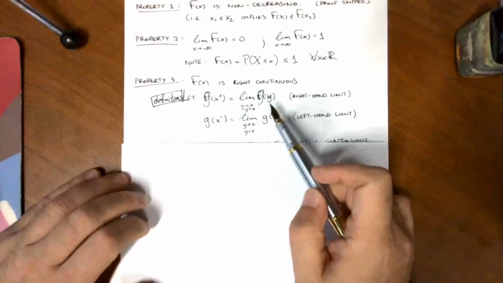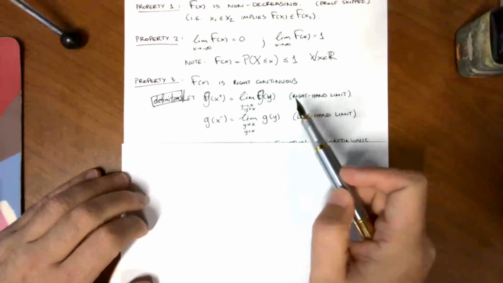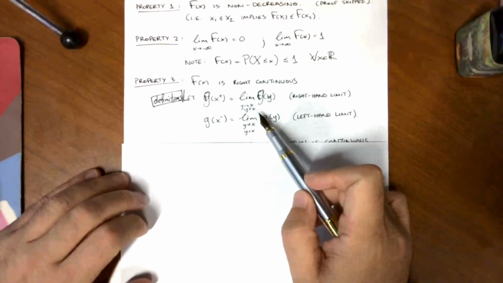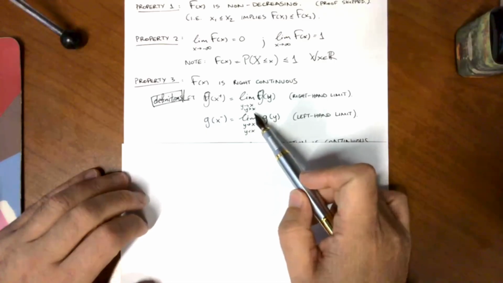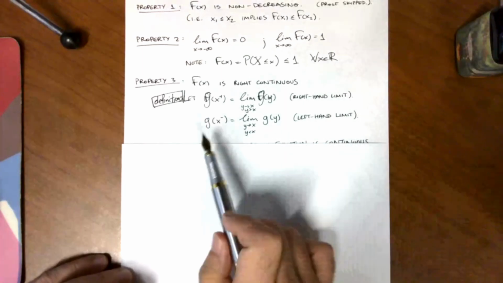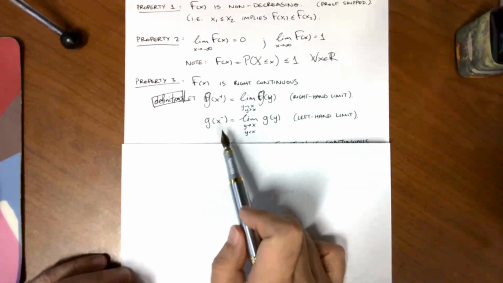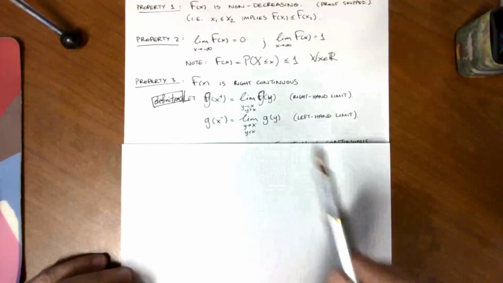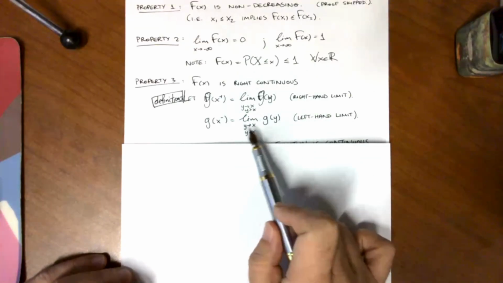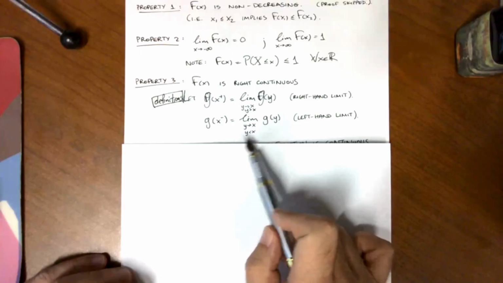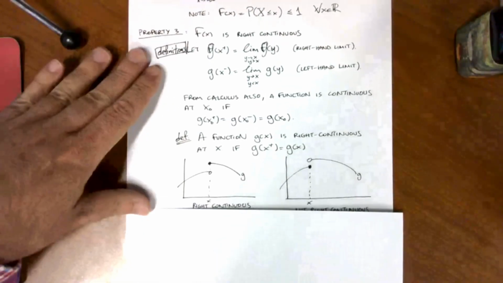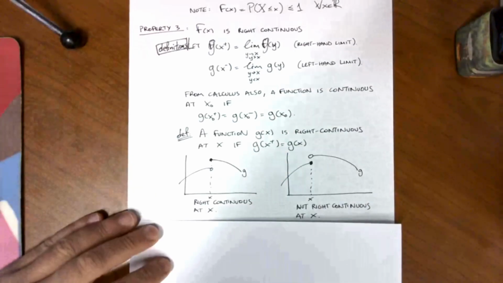That is the limit of this function g of y as y approaches x from larger values, so y being larger than x. That's also referred to as the right-hand limit. And g of x superscript minus sign is the limit of this function g of y as y approaches x from smaller values.